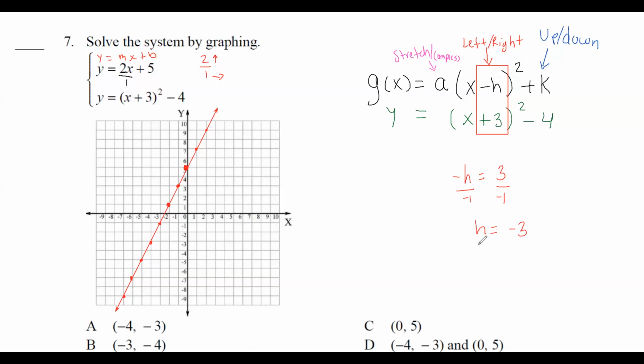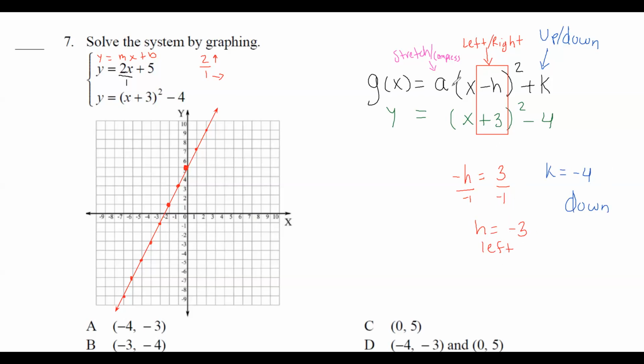It's negative, so it's to the left. My next parameter is K. This one moves it up or down. K in this case equals negative 4. So therefore we're moving down 4, and 3 to the left.